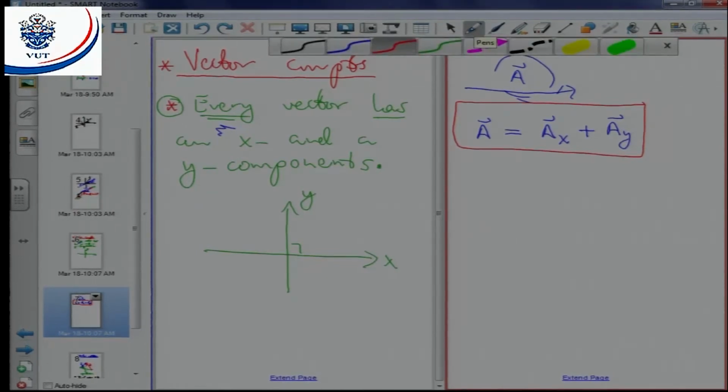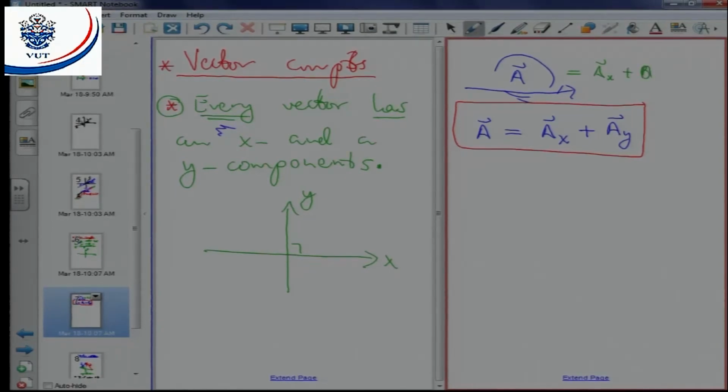So in particular in our case over here, a equals ax plus ay. But in this case, a only has an x component, there is no y component, so the y component here is 0, so then a is just ax, it's just the x component.